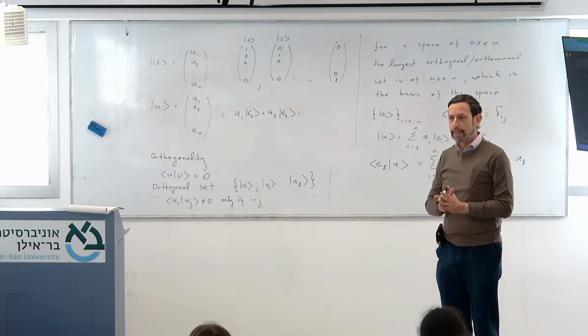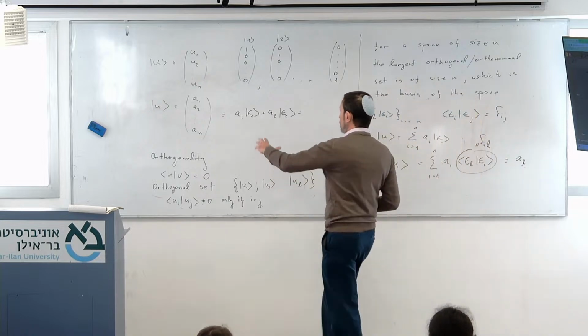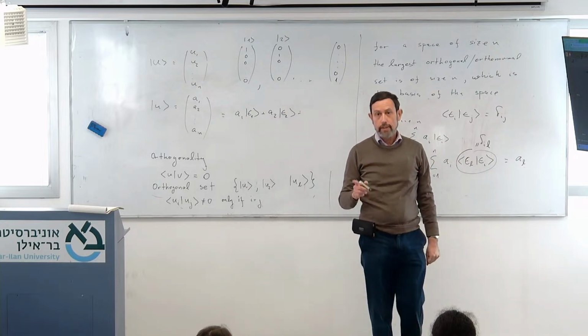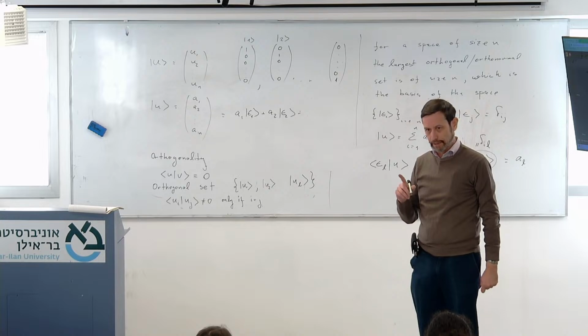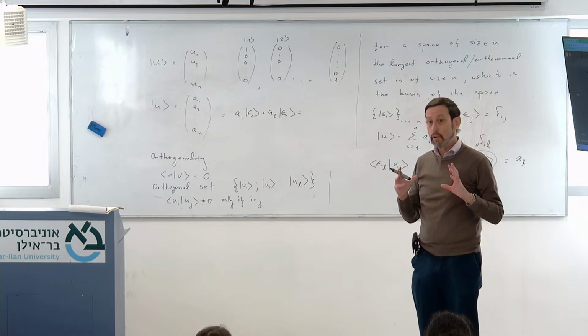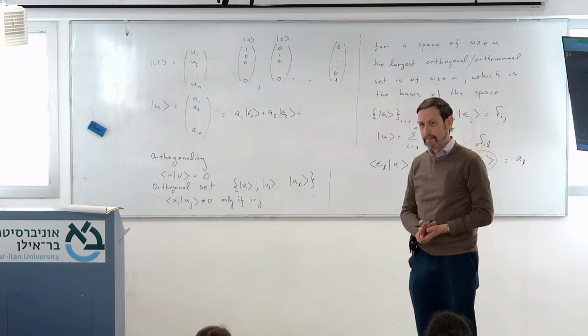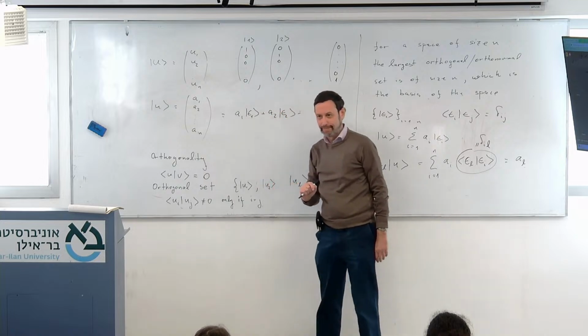Again, there's nothing holy, nothing special, nothing outstanding about this basis. We will see that for calculating physical quantities, there are preferred bases that have physical meaning, but it's not necessarily this basis.